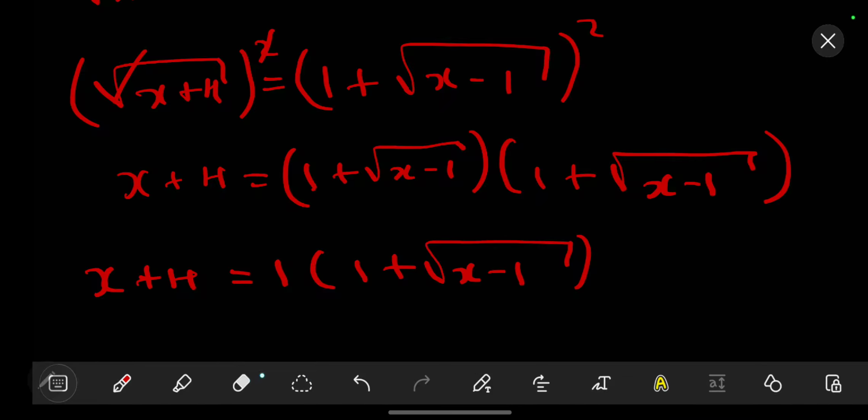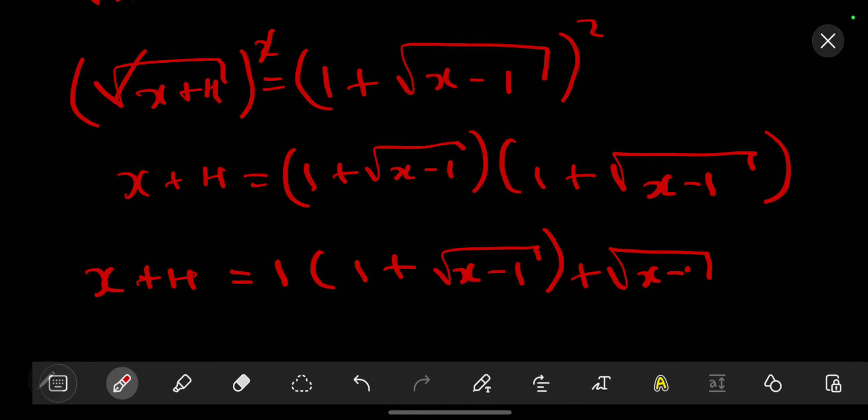Then we are going to also multiply this root, letting it multiply everything there, so it will be 1 plus the square root of x minus 1.